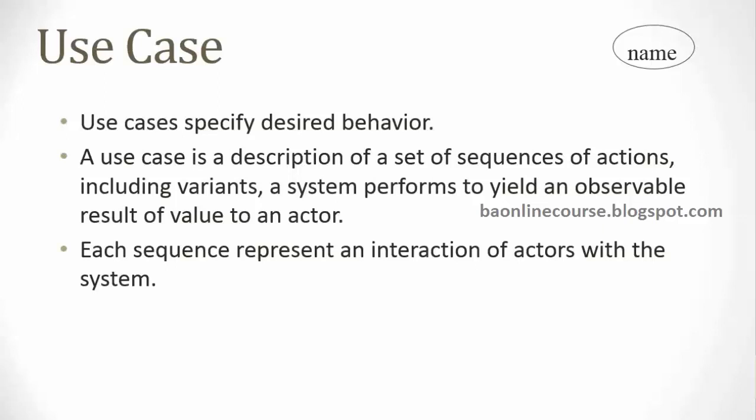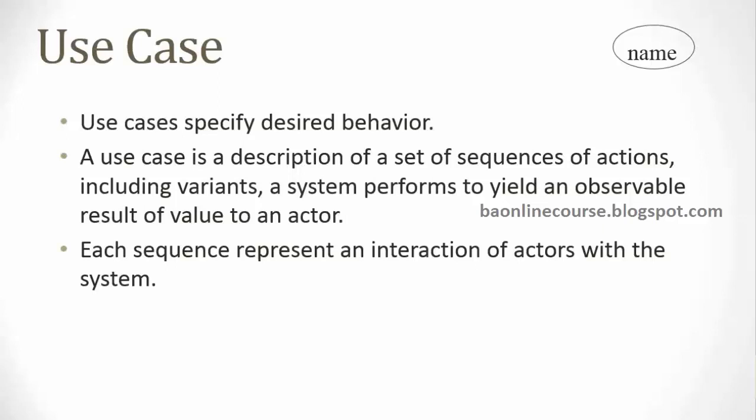Now this transfer of funds should not be explained half in one use case and the other half in another use case, right? Try and make sure that all related functionality is in one single use case. Since this funds transfer is one single functionality, logically it makes sense to have it as one single use case. So that's where you make sure that the use case is complete in itself.